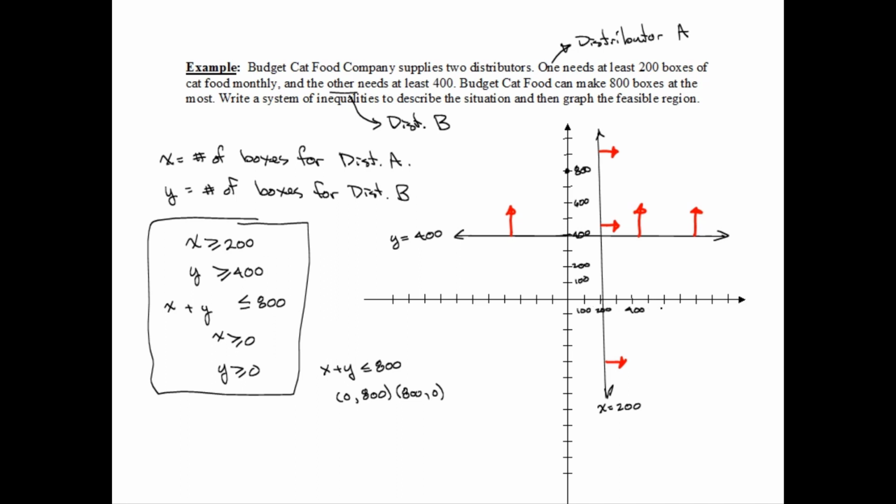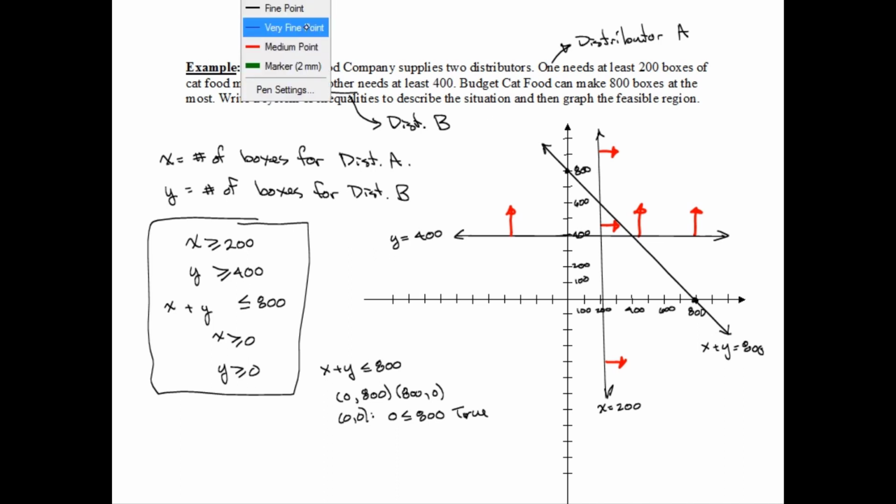One, 2, 3, 4, 5, 600, and then here's 800 on my x-axis, and now we want to draw the line using those intercepts right here. And which way must that be shaded? Well, we know that if we put in 0, 0, then that gives me 0 less than or equal to 800, which is a true statement, which means we are going to shade toward 0, 0 because we want to include it, so we're going to shade this way.